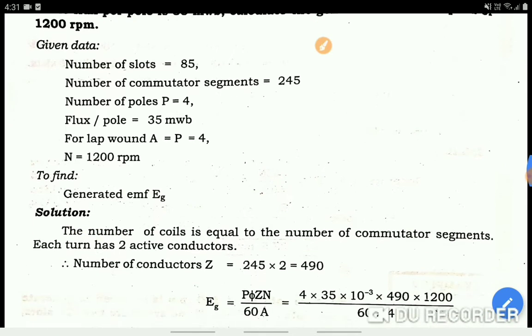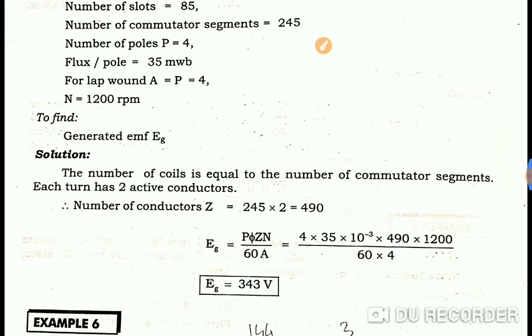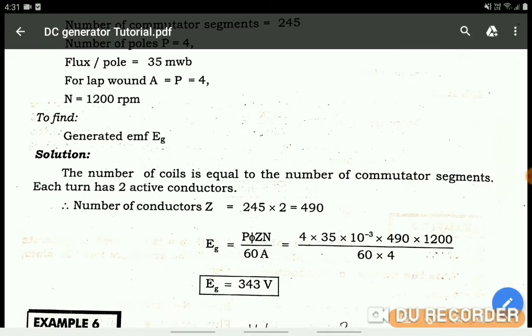All other things are mere substitution. Do it yourself. Here the only thing to keep in mind is that flux per pole is 35 milliweber, which means 35 into 10 power minus 3 Weber. That is what is given here.